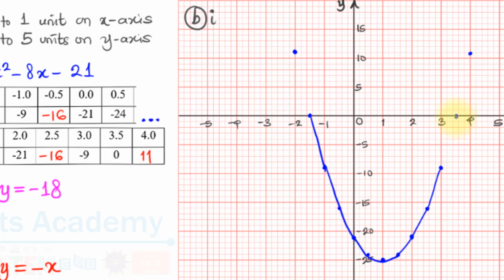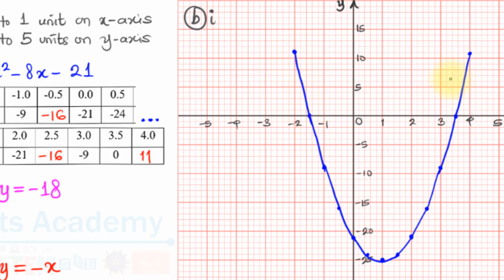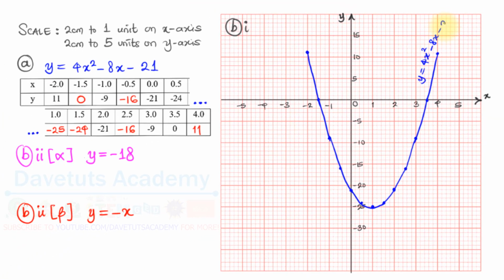Okay, it can be better than this if you are using your French curve, and that means you also do well to label appropriately. This is y is equal to 4x squared minus 8x minus 21.